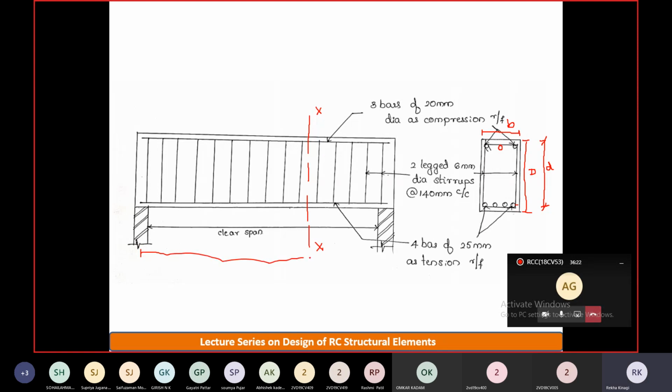It will not be exactly center to center distance. It depends upon the codal provision again, either it is center to center distance between the supports or clear span plus effective depth. So depending upon that criteria, we can even show the effective span in this detailing. So here we end up with the design and detailing of doubly reinforced rectangular section beam.